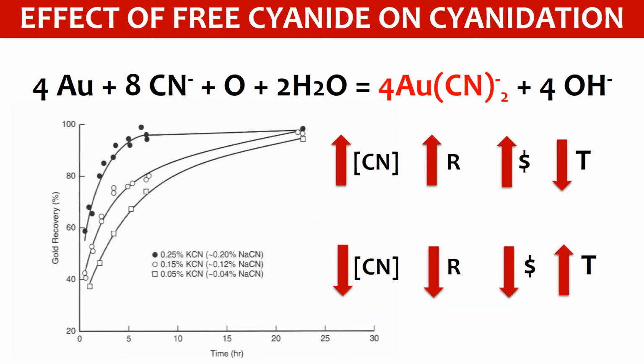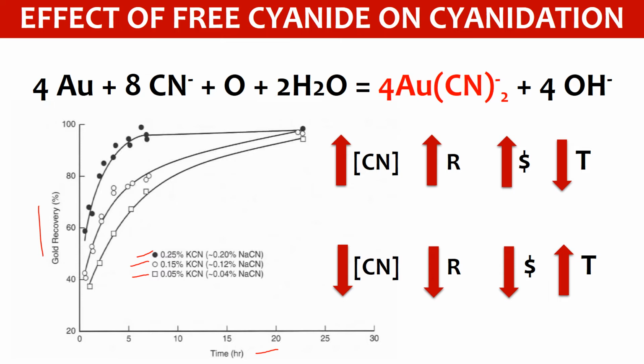Okay, so here we can see according to this study that was done, on the x-axis is your time, and on the y-axis is your gold recovery. Your square represents 0.5% cyanide concentration, your circle 0.15% cyanide, and the black circle 0.25% cyanide.